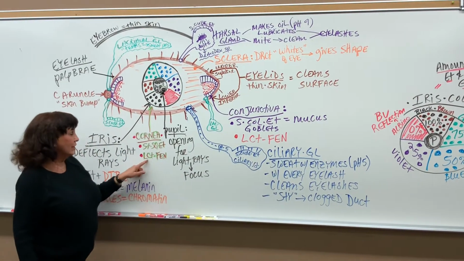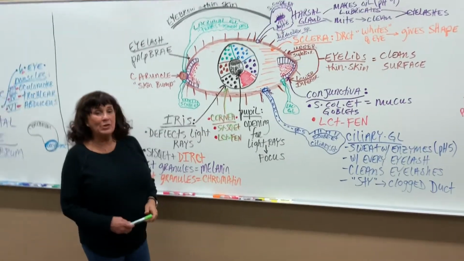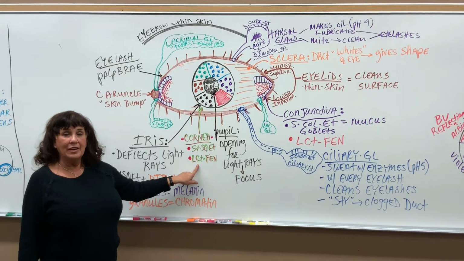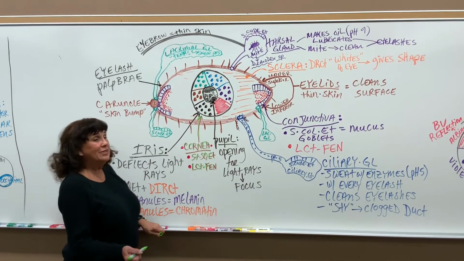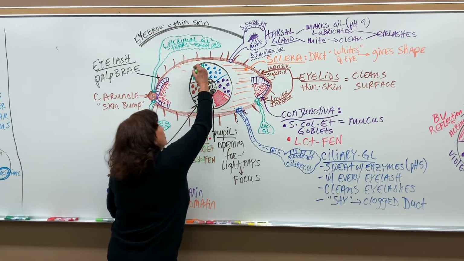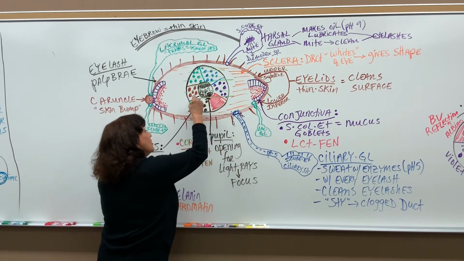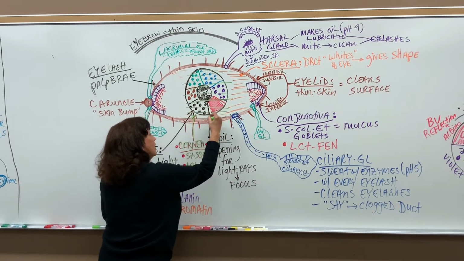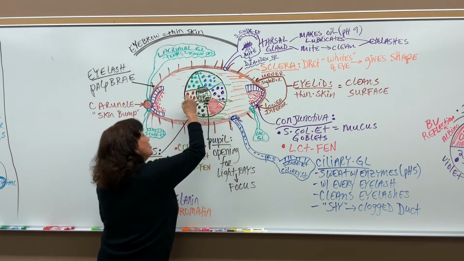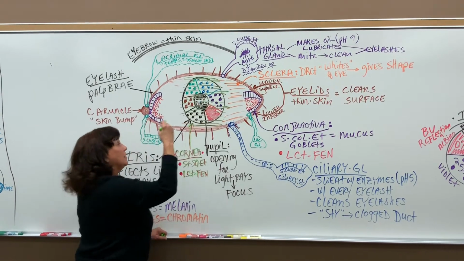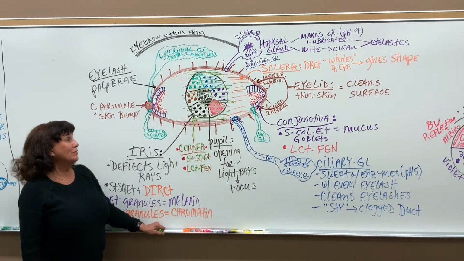So that's everything, I think, associated with the surface of the eye, except for one more very important part, and it's called the cornea. The cornea is made out of stratified squamous ET and loose ET fin. So where is the cornea? It's gonna cover the iris only, right here. It's like a cap on top of it.